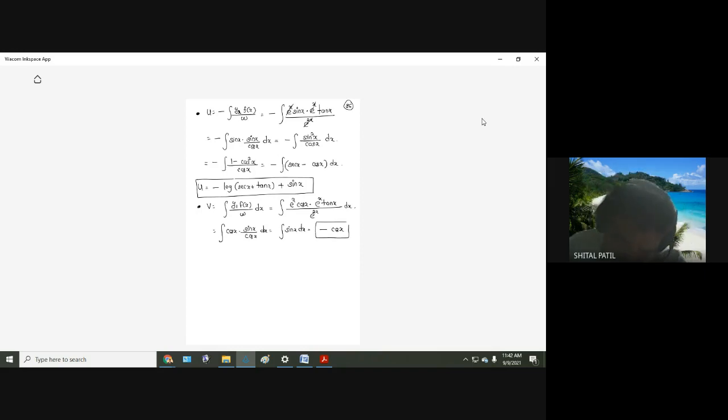Hope you will be able to write the y of p: u cos x plus v sin x, then into e raised to x.